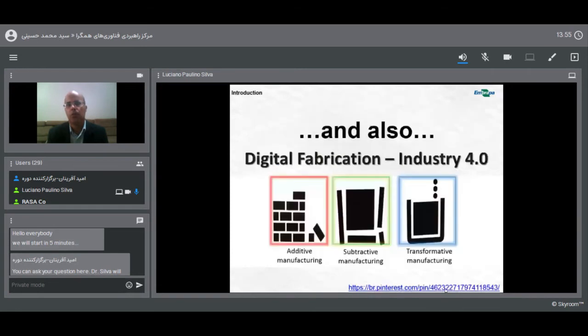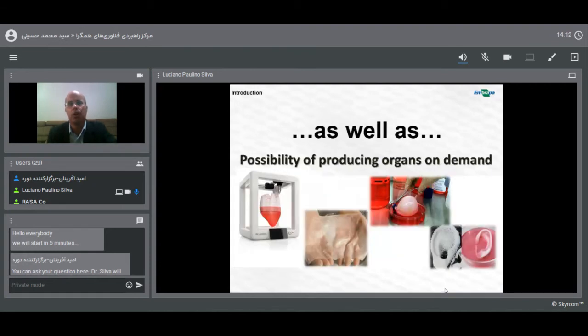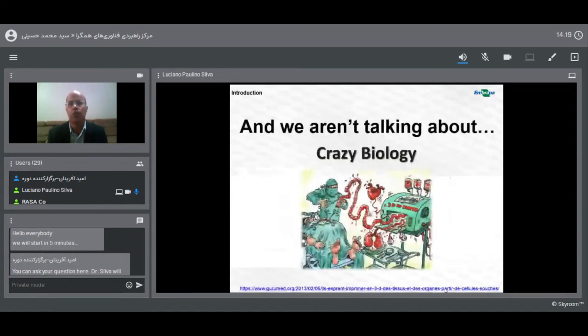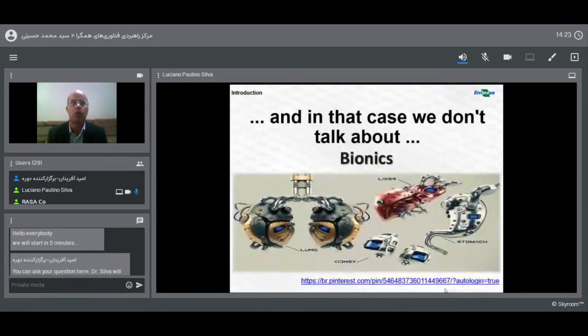We are also talking about digital fabrication related to Industry 4.0, including additive manufacturing, subtractive manufacturing, and transformative manufacturing. We are also talking about the possibility of producing organs on demand. And we are definitely not talking about crazy biology, nor about bionics.